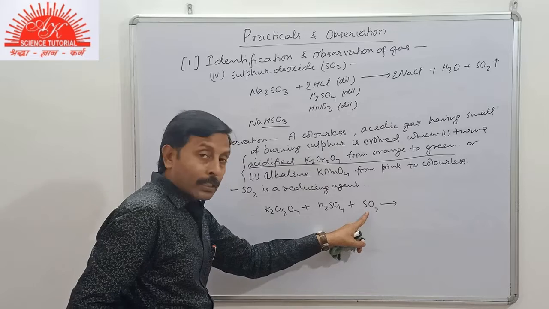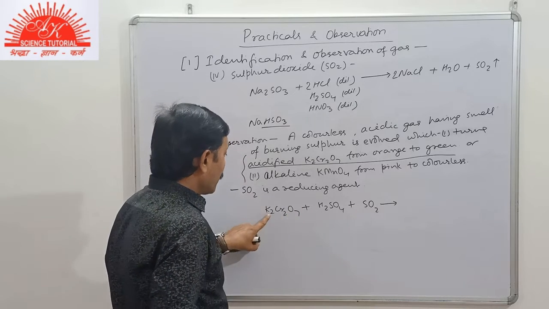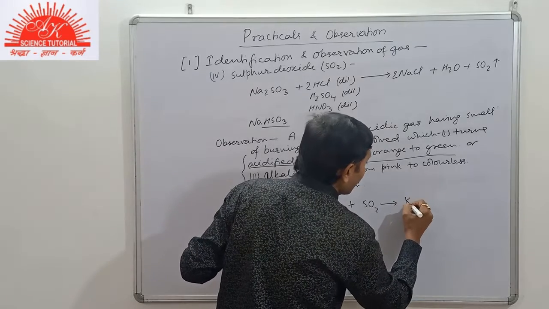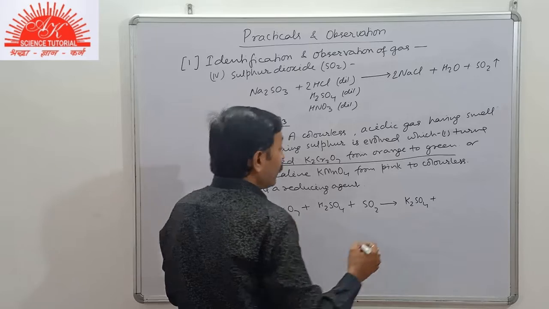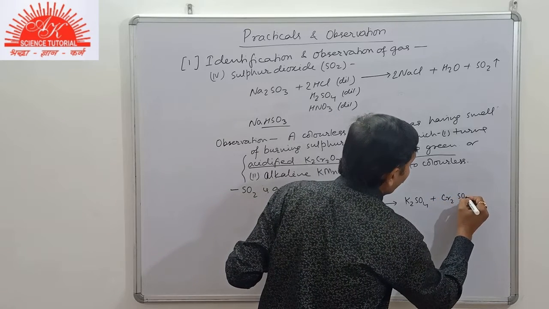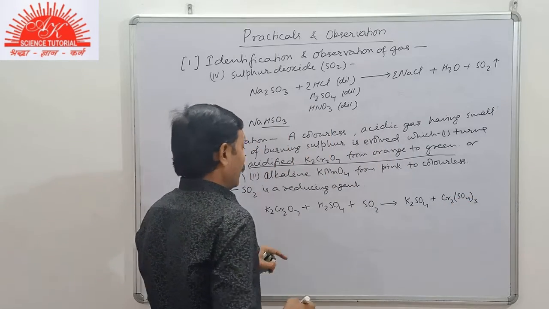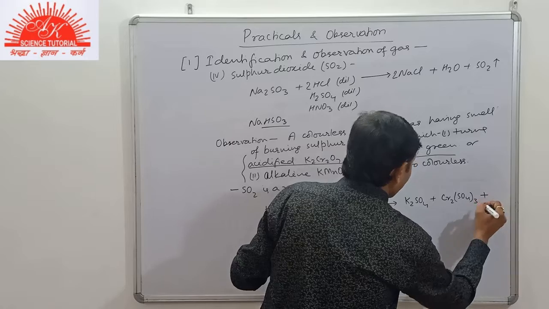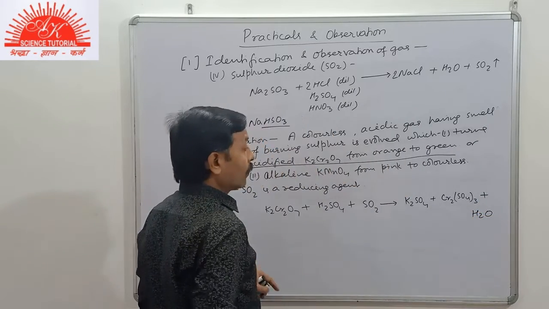Now, by reduction, potassium will form its sulfate K2SO4 plus chromium will also form its sulfate and then H2O is formed.